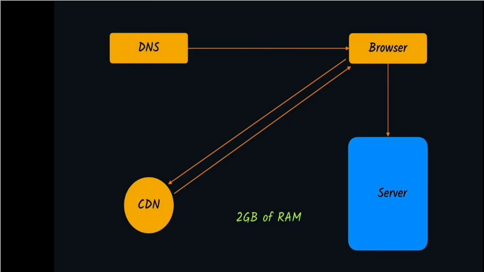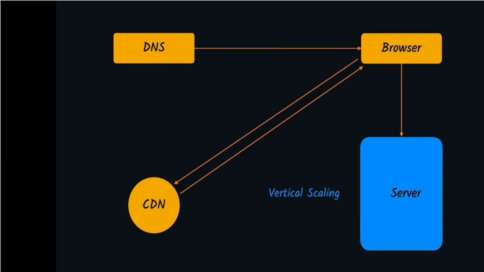We can increase the RAM size of our server, from 500 MB to 2 GB. So now more requests can be served. But in this case, there will be a problem because this will be a single point of contact. This type of upgrade in the server is known as vertical scaling.